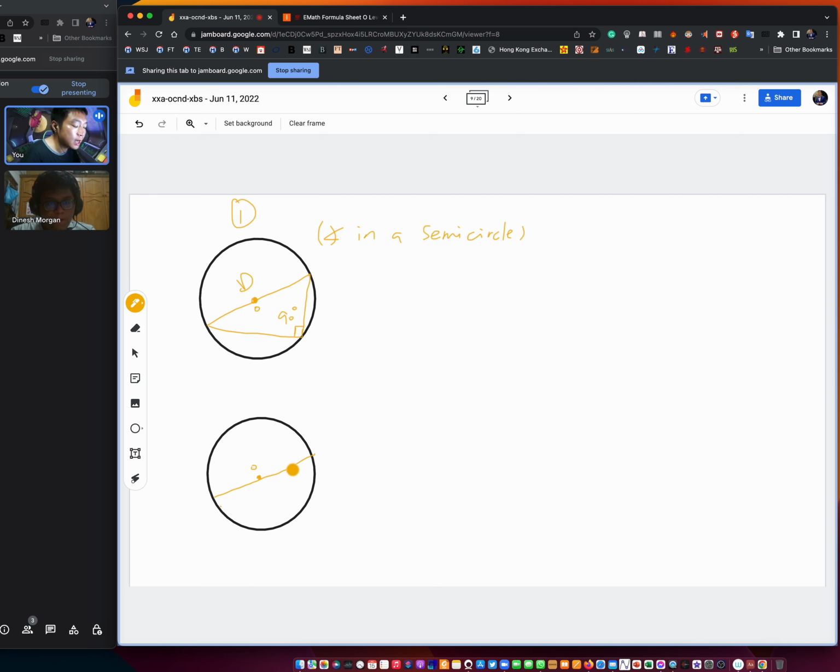It need not be the diameter, just to let you know which one, rule one or rule two, I'm going to talk about. One has to be the diameter. Diameter has to cut through the center.